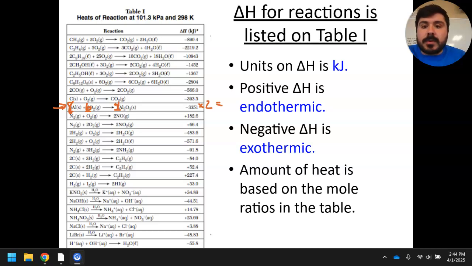So negative 3,351 times 2, if I grab my calculator real quick, gives us negative 6,702 kilojoules. I'm writing this with my hand on my mouse, so it's a little more difficult, but it still rings true. The doubling of your mole ratios is going to result in a doubling of your delta H value as well. Pretty important stuff to know and recognize here.